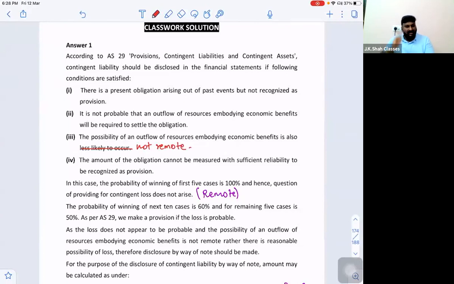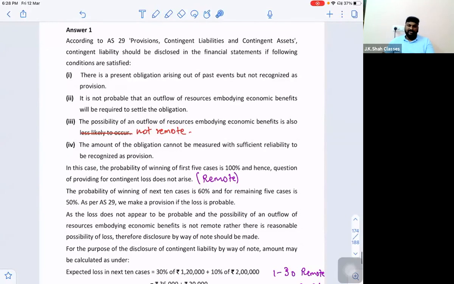So any other word, unnecessary, will try to create problems, or you will not understand it properly. So please write not remote. And lastly, the amount of obligation cannot be measured with sufficient reliability to be recognized as a provision, or you can directly write the amount of the obligation cannot be measured reliably. The same 4 recognition criteria of contingent liabilities.